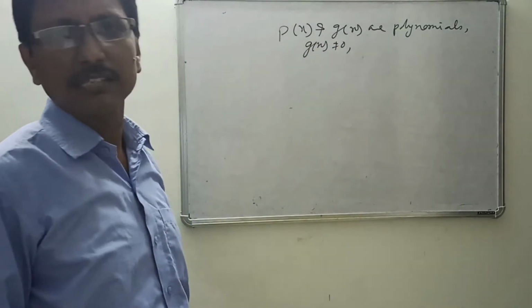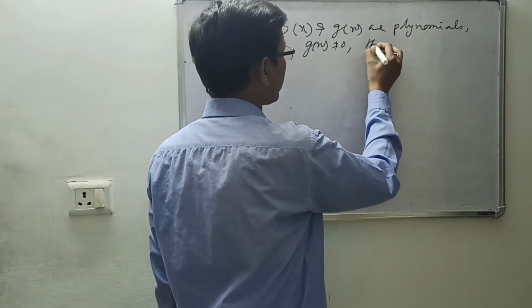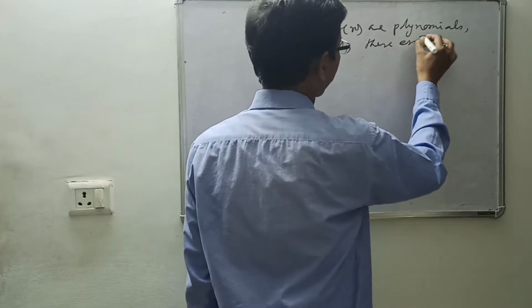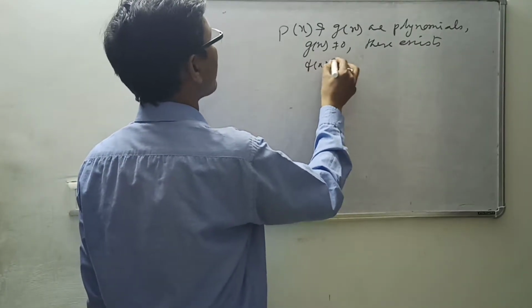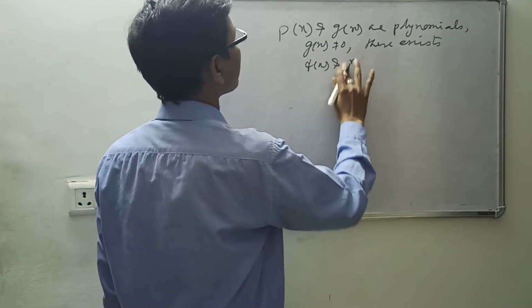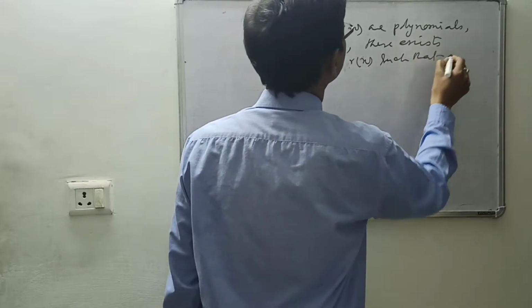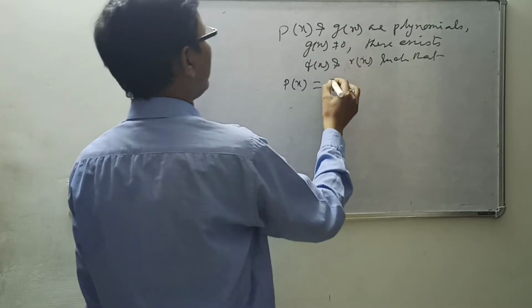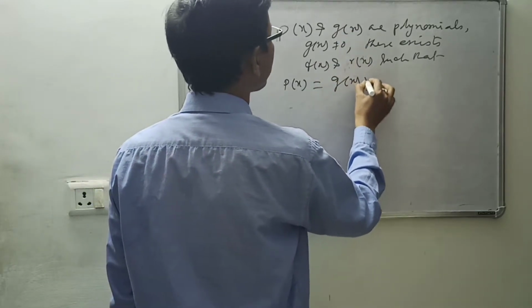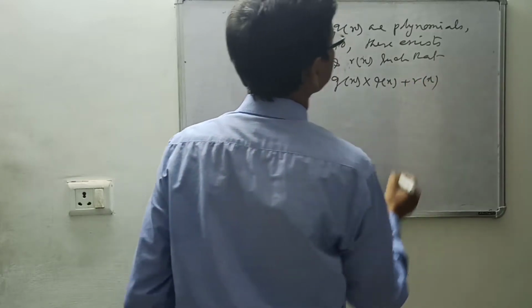Then there exist two more polynomials Q(x) and R(x) such that P(x), or F(x), equals G(x) into Q(x) plus R(x).